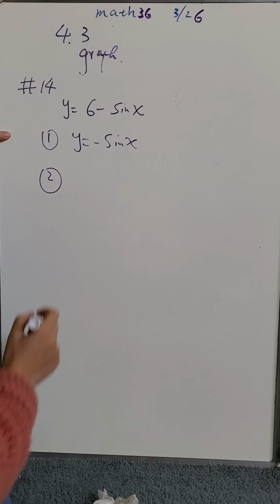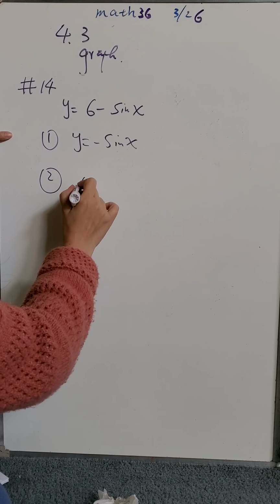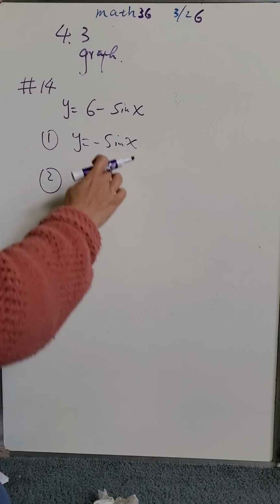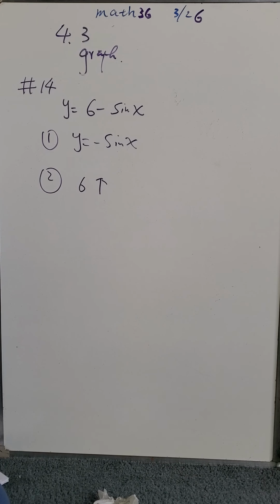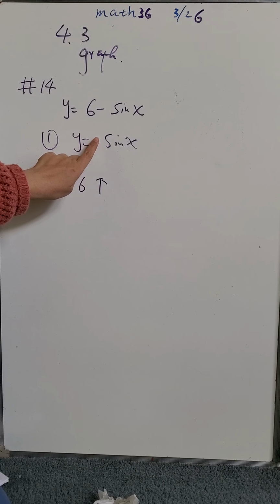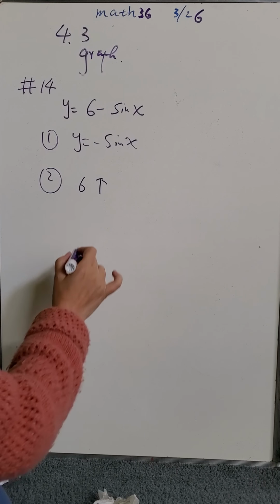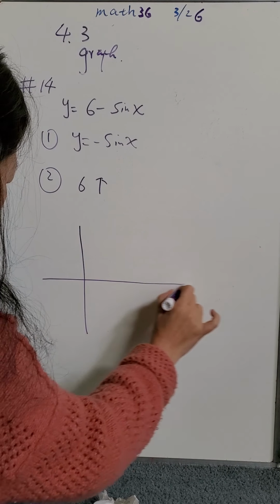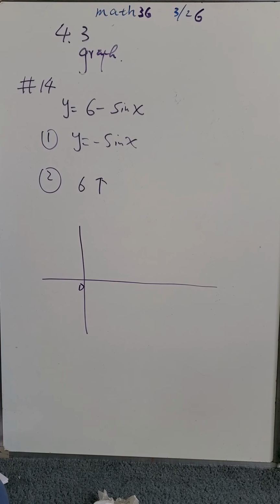Number 2, 6 units up. When you graph this one, that's almost like a standard graph, except there's a minus sign in front. So that means you need to have a reflection. That's the only thing you need to pay attention to. So we graph the standard one first.